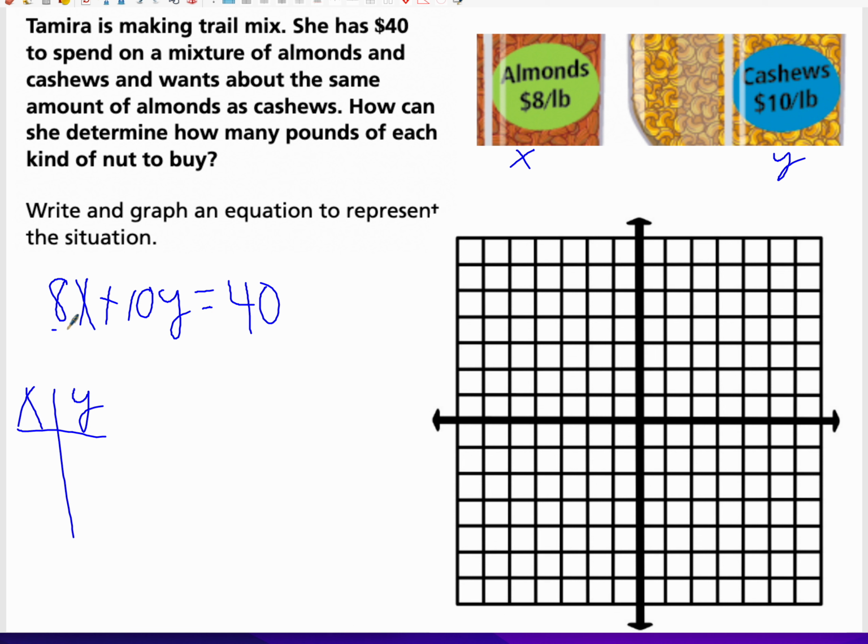If I put a 0 in for X, what's Y gonna be? 4. And then if I put a 0 in for Y, what's X gonna be? 5. Okay, so 0, 4, would be 1, 2, 3, 4, and 5 comma 0 would be right there.